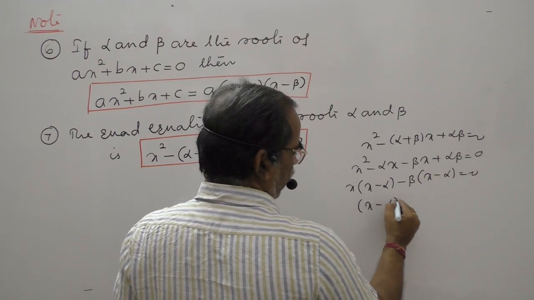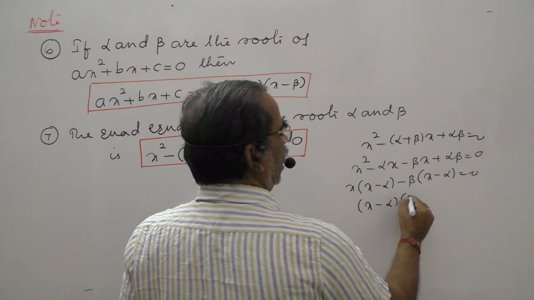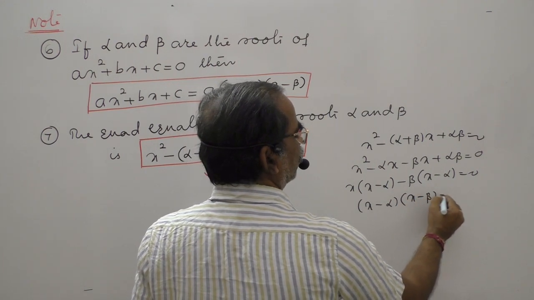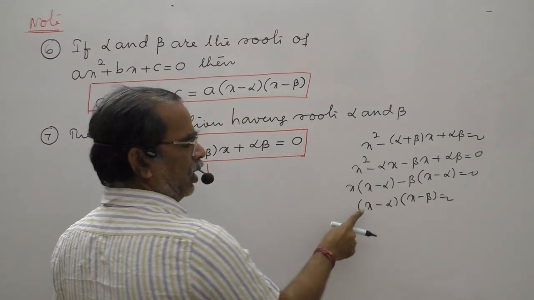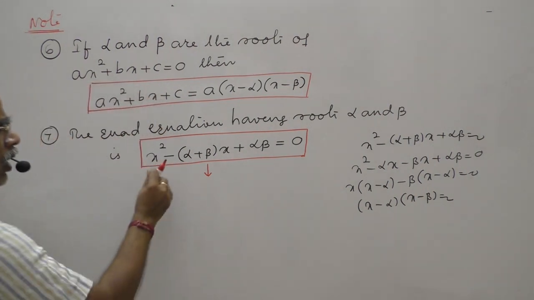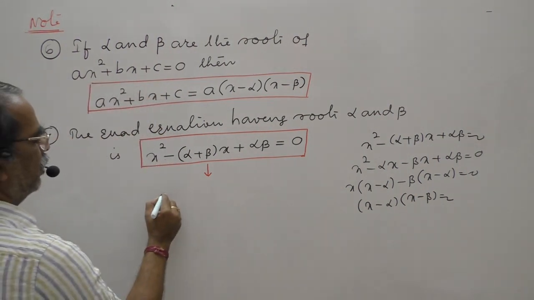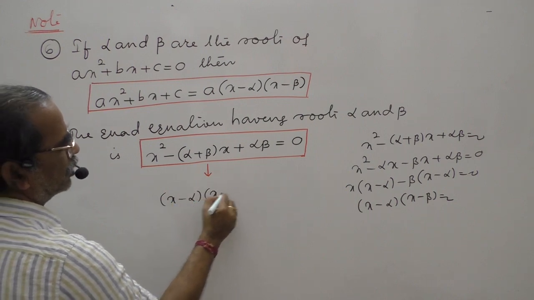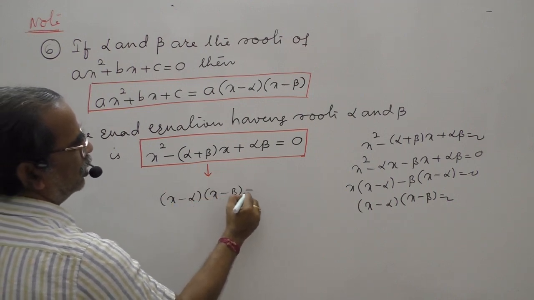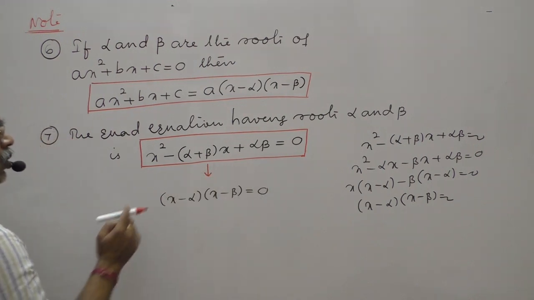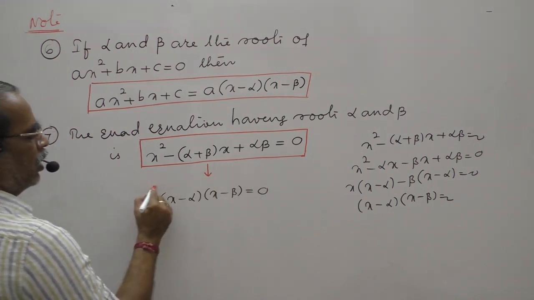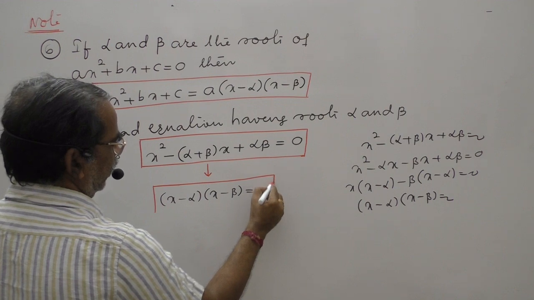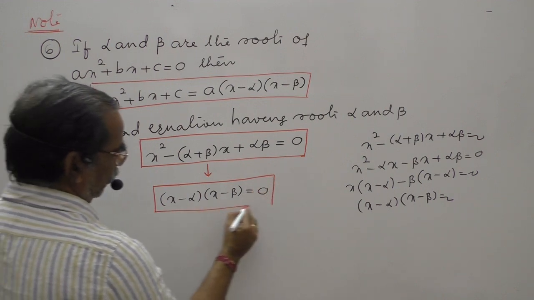Now taking x minus alpha, here we will have x and there beta. So this can be written like this also. So another form of this is very simple one. x minus alpha into x minus beta is equal to 0. So this is the writing of a quadratic equation when roots are given.